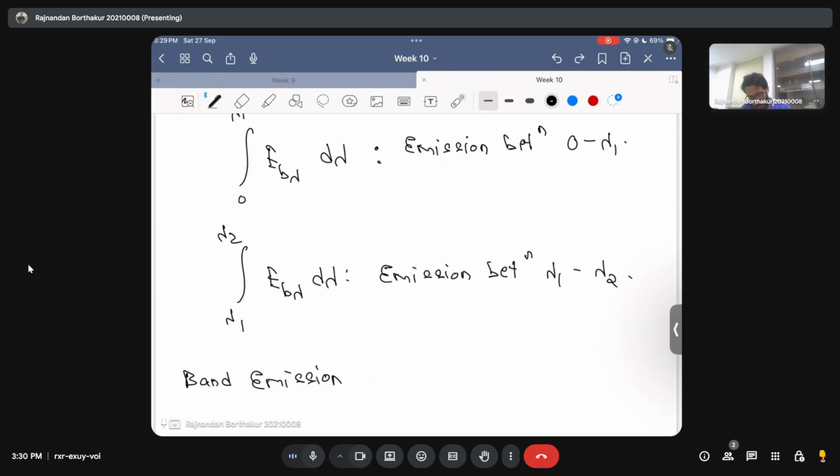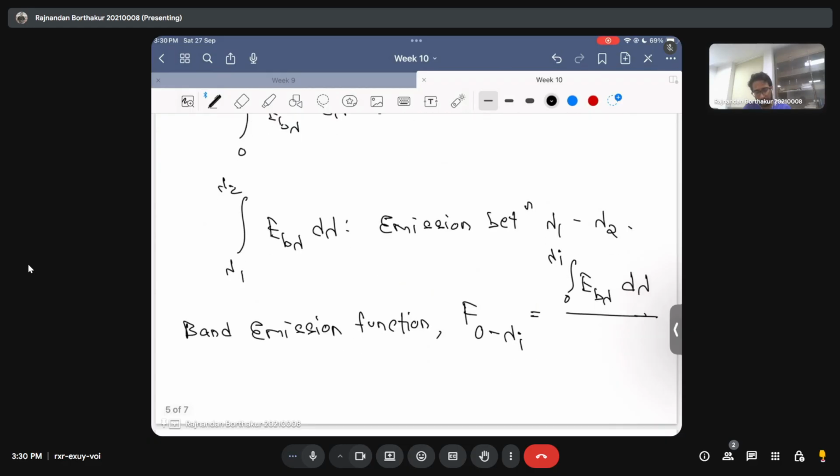It is denoted as f from 0 to some generic wavelength lambda I, and is defined as the integral 0 to lambda I of E B lambda d lambda. This band emission function is a fraction, so the denominator we have to consider for all possible wavelengths, and that's why it becomes the integral 0 to infinity of E B lambda d lambda.